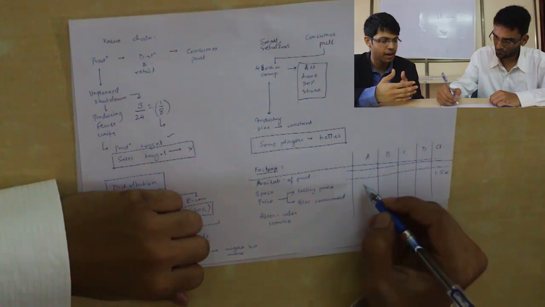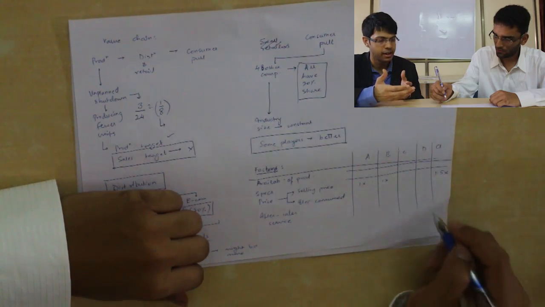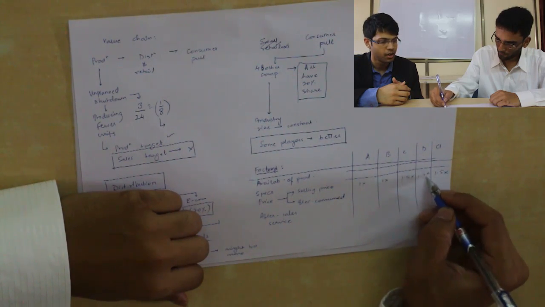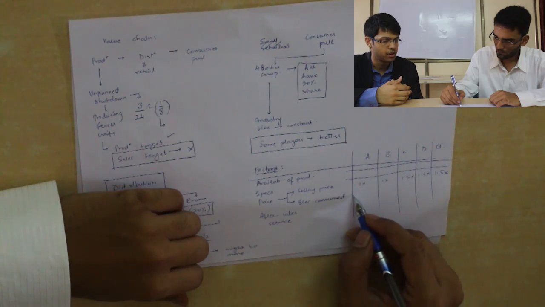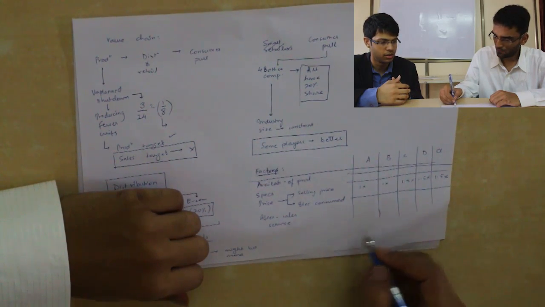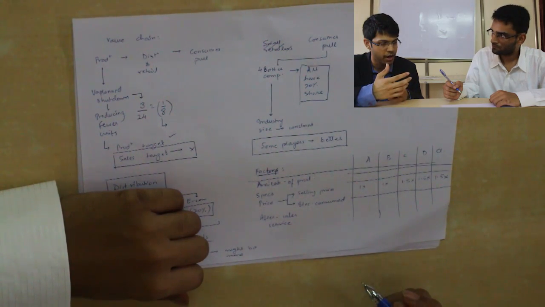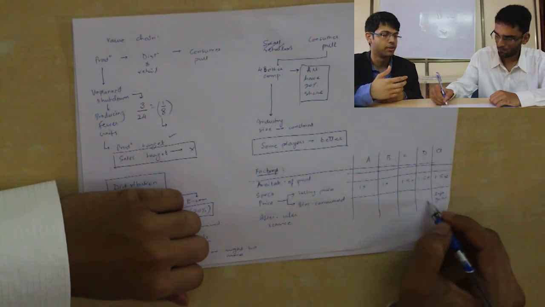So you can say A and B have a price of 1x and we have a price of 1.5x, and C and D, the other two competitors, they have a price of 1.5x as well. In terms of energy efficiency, I think all the players have a similar energy efficiency. In terms of after sales service, we provide a 2-year guarantee for the toaster, whereas other players just provide a 1-year guarantee.